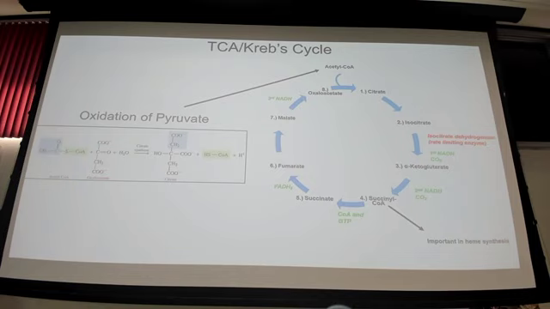Remember we talked about malate as a transport system for electrons. But the take-home message for this slide is that for one turn, with one pyruvate molecule, we will get 3 NADH, 1 FADH2, and 1 GTP.